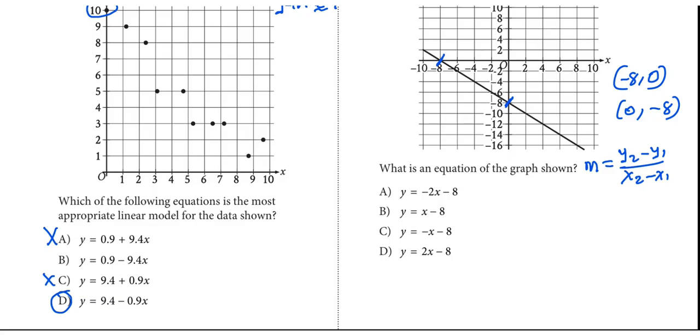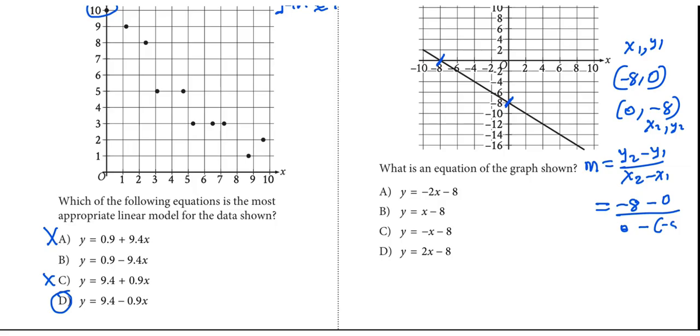So we can take the first point to be x1, y1, and the second point to be x2, y2. So now it means that y2 is -8, minus y1, which is 0, over x2, which is 0, minus x1, which is -8.